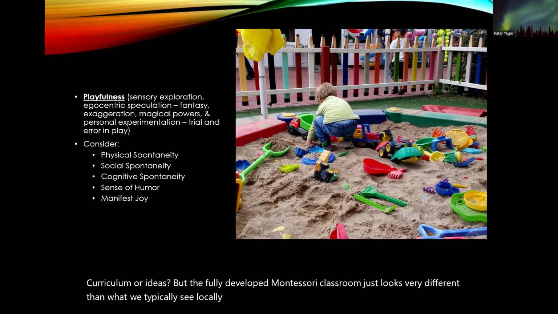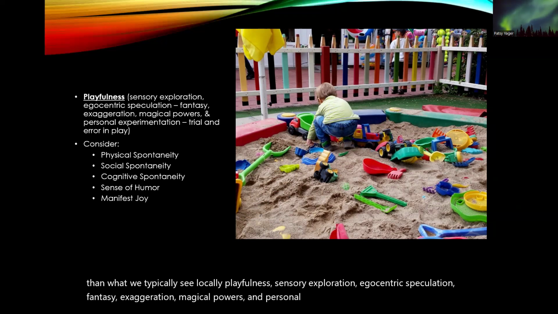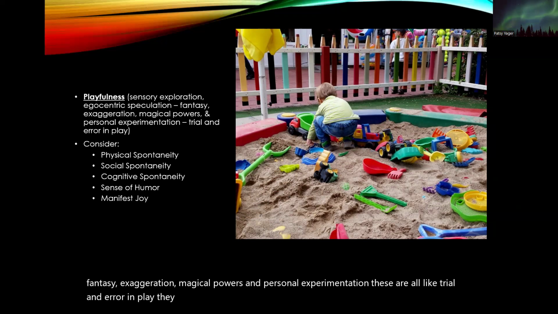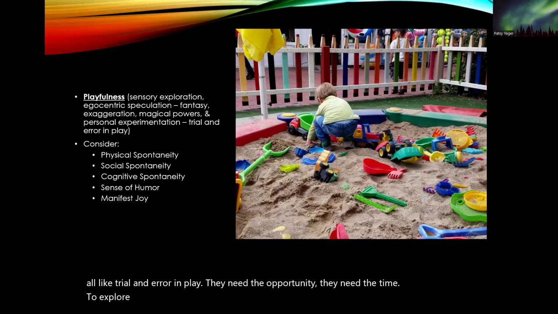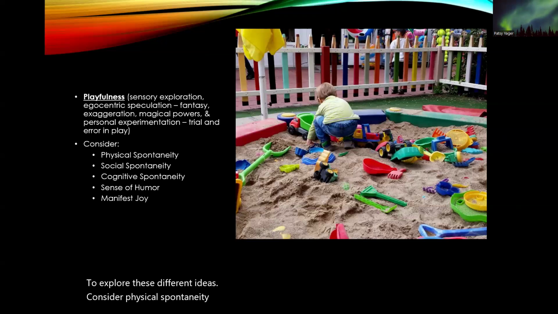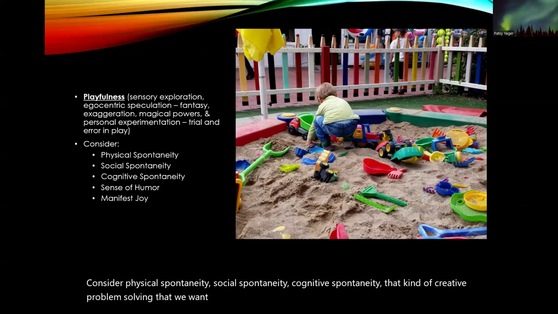Playfulness, sensory exploration, egocentric speculation, fantasy, exaggeration, magical powers, and personal experimentation. These are all like trial and error in play. They need the opportunity, they need the time to explore these different ideas. Consider physical spontaneity, social spontaneity, cognitive spontaneity, that kind of creative problem solving that we want to encourage, a sense of humor.